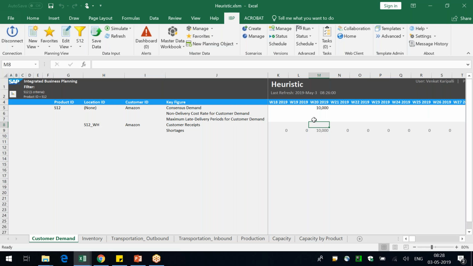But with the optimizer, you have to play with the costs. I didn't give any cost for non-delivery, which is why there was a shortage of 10,000.